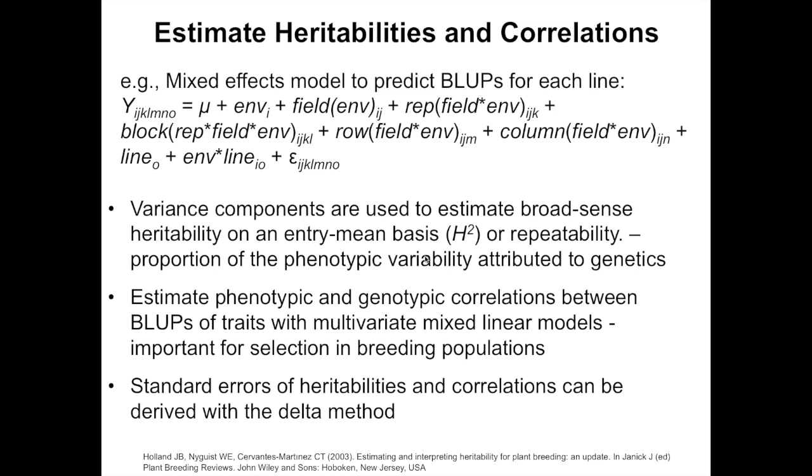And then with this approach, you can calculate the standard errors of all these heritabilities and the correlations as well. And I've included a reference that has a link to all of the SAS code where all these calculations can be followed and carried out.